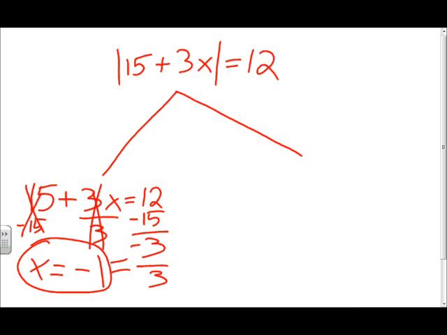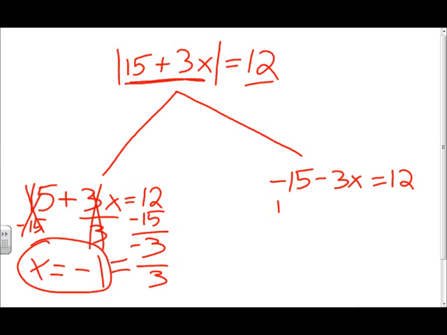Now the negative solution is basically you take everything that's in this expression right here and multiply it by negative 1. So it would be negative 15 minus 3x equals 12. The constant that's outside of the expression does not change, so you don't have to change the 12.